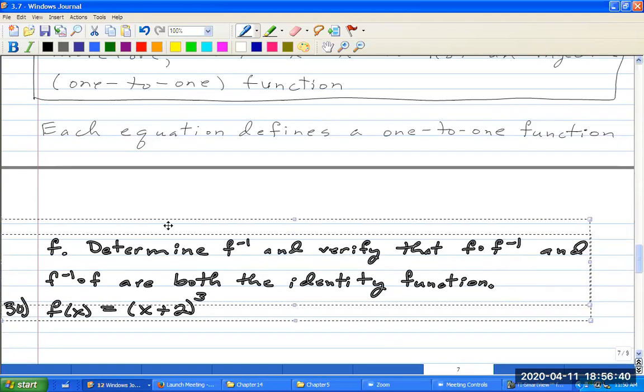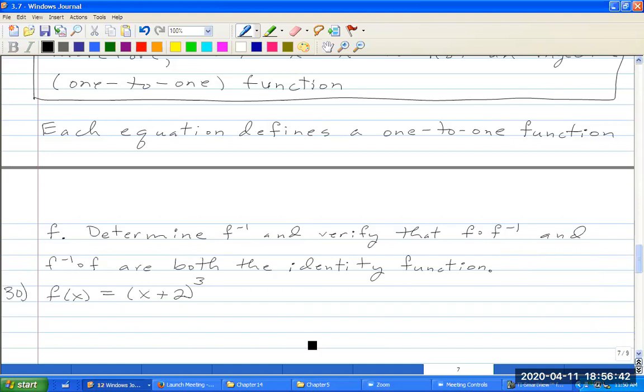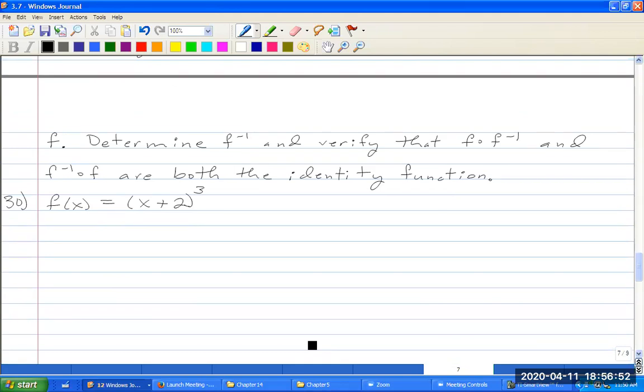Determine f inverse and verify that f composed with f inverse and f inverse composed with f are both the identity function. So first, let's determine the rule to give me f inverse.